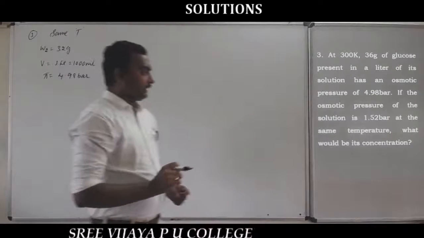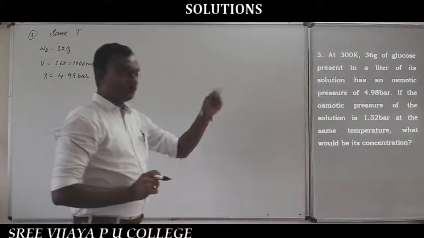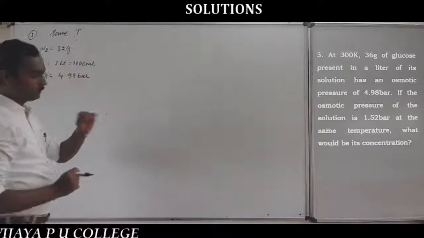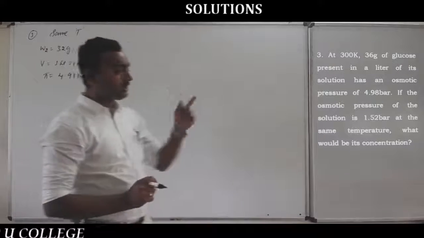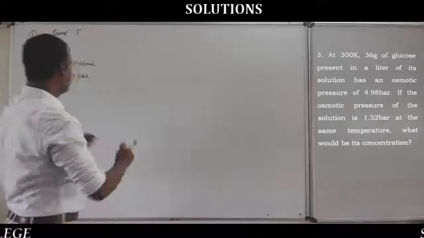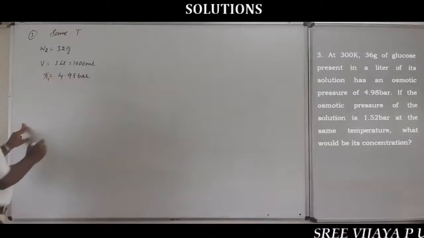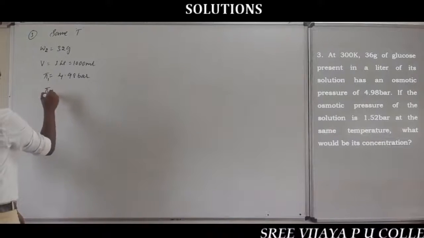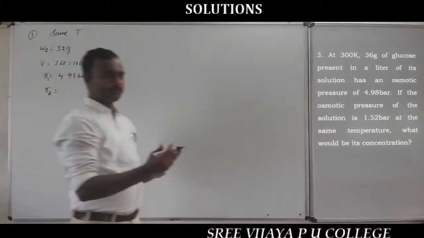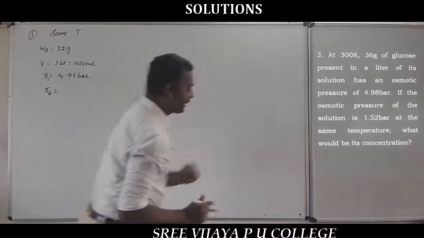Continuation: if the osmotic pressure of the other solution is 1.52 bar, what would the concentration be? Here two terms are given, so let me take this as pi 1. Pi 2 is the second osmotic pressure of the same solution, which is 1.52 bar.